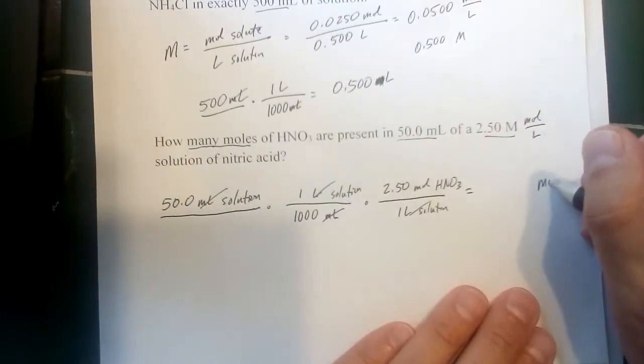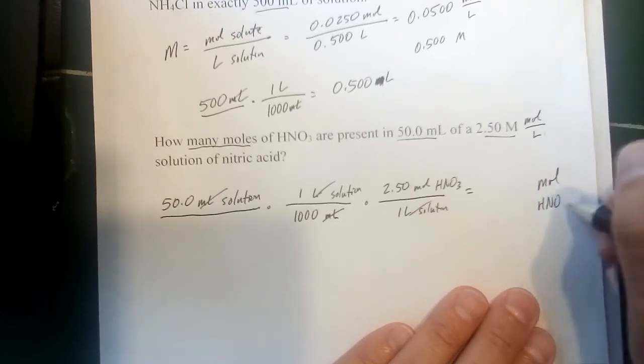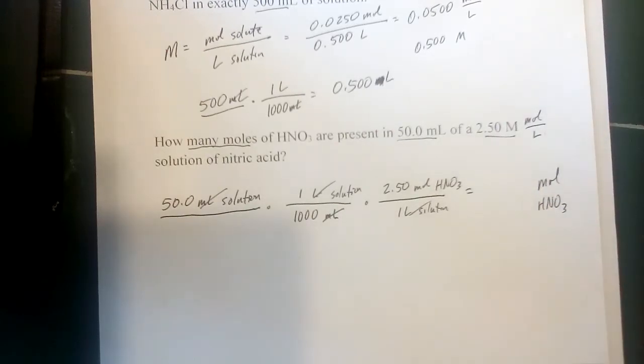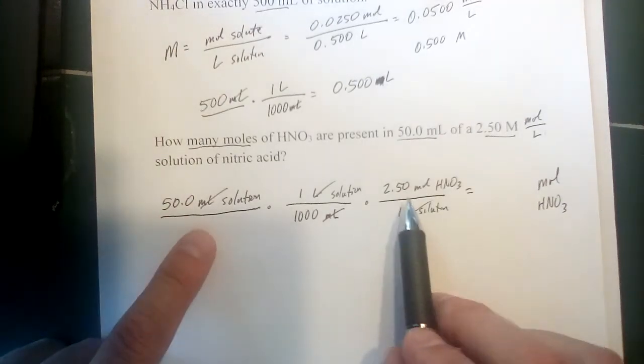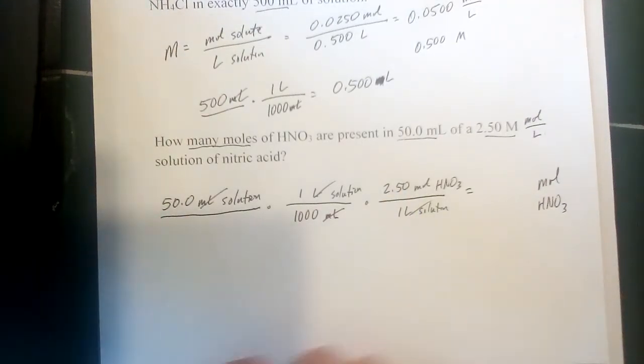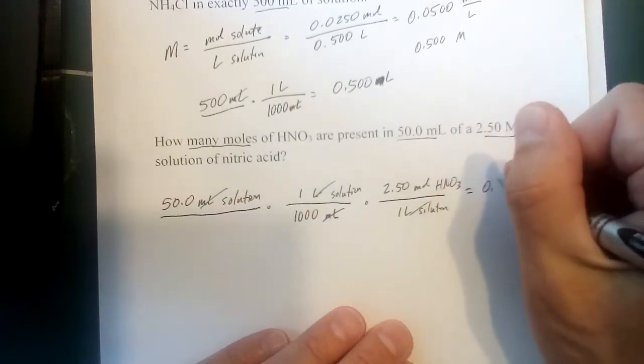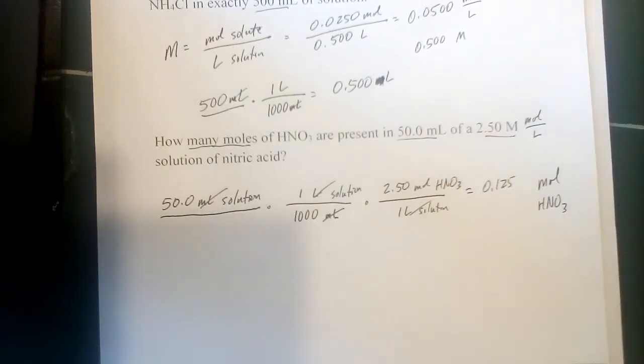How many moles of nitric acid are in that particular solution? So 50 divided by 1,000 times 2.5, and we had 3 significant figures, a couple places here, the concentration and the volume we started with. 0.125 moles of nitric acid would be in that solution.